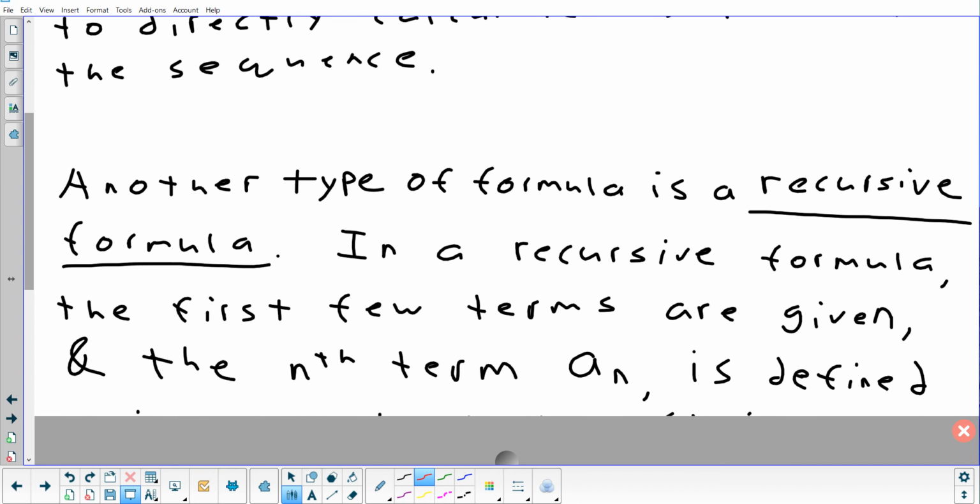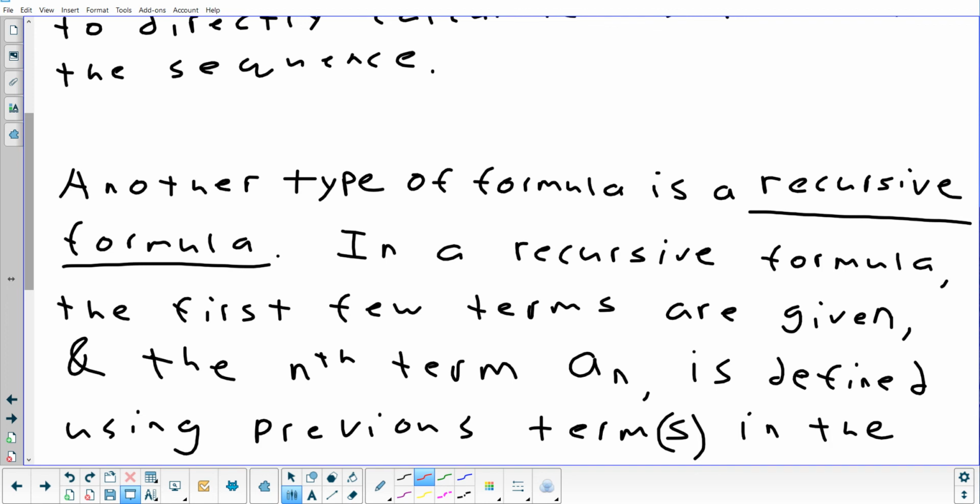what they might do is give you, they always have to give you the first term in a recursive formula, because you can only work your way back so far, and then finally you get to the beginning and you just have to know that number to start. So in a recursive formula, they'll give you the first term, or maybe the first couple terms, and then the formula is defined using the previous terms.